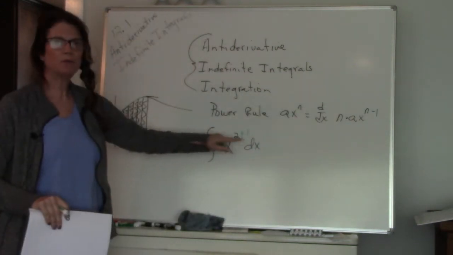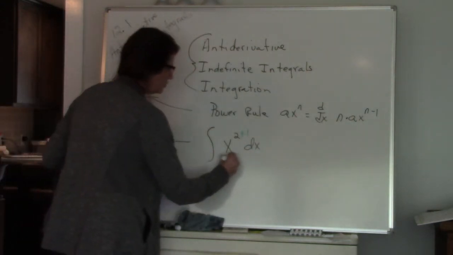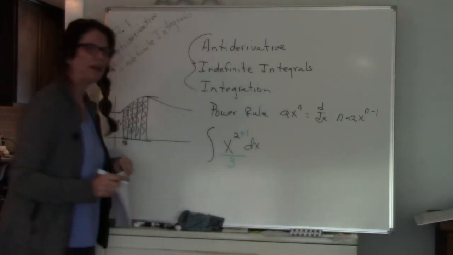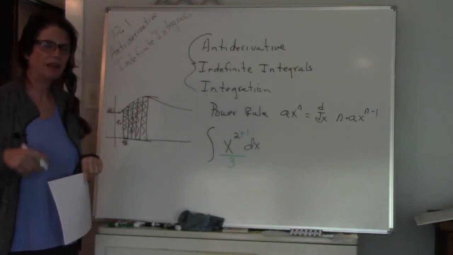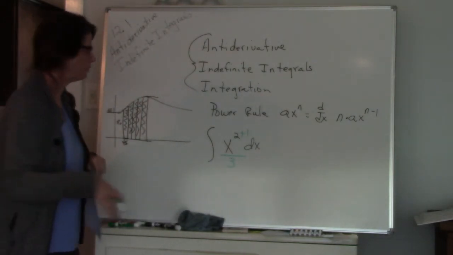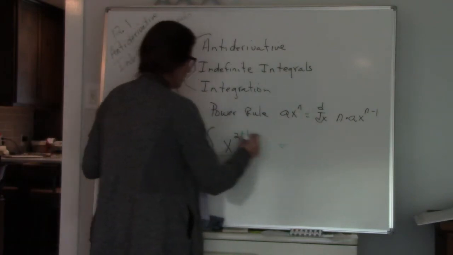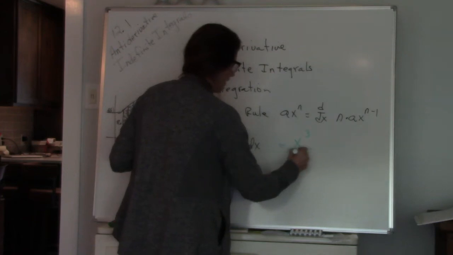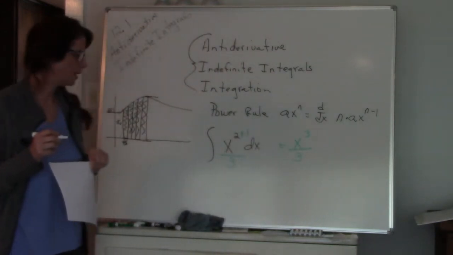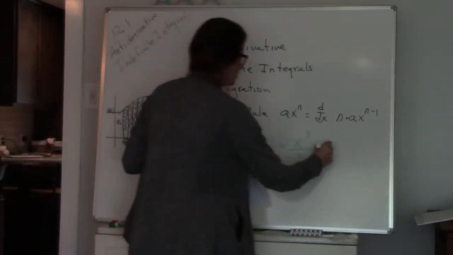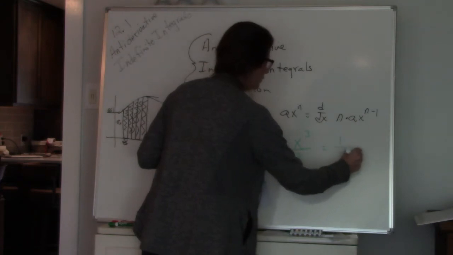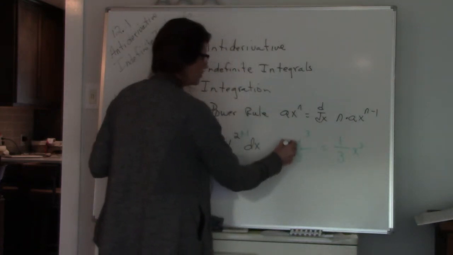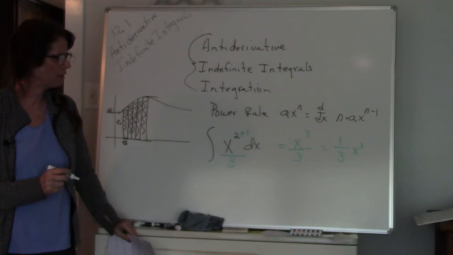Now we're going to add 1, and then we are going to divide by the new exponent. Okay, so we're adding 1 and then dividing by the new exponent. So the antiderivative is x cubed divided by 3. Okay, now I can rewrite this as 1/3 x cubed, right? Because there's an assumed 1 right there.